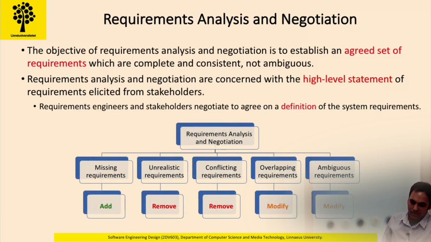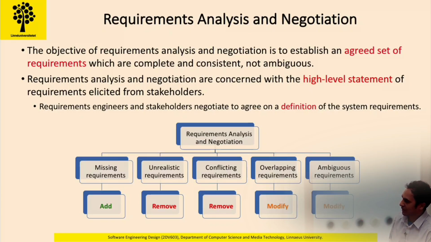But once you do your requirements analysis and negotiation, you may find as an output some criteria or some decisions. Some requirements might be missing, some might be unrealistic, some could be conflicting, or some could be overlapping or ambiguous.